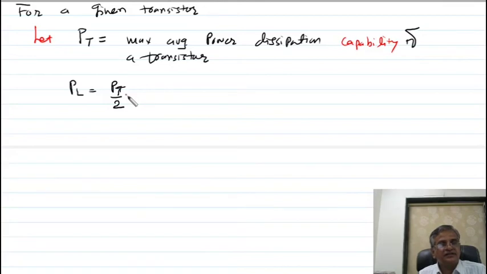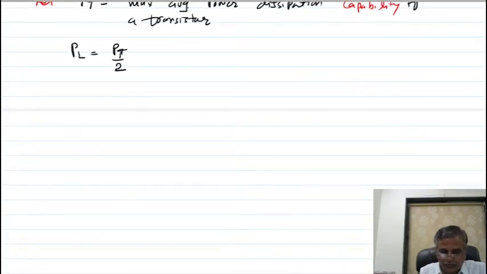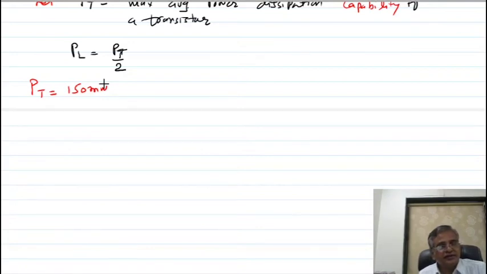It is nothing but VCC into ICQ when the AC input is not given. For more clarity, suppose for one transistor, PT is given as 155 milliwatt. Then how much power can you deliver to the load? Maximum this much power.